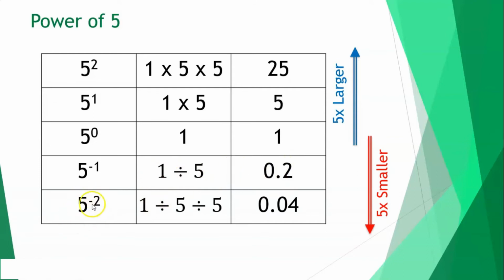Then 5 to the negative 2, that's 1 over 5 squared, or that's 0.04. Now take note, as the exponent increases, the value of 5 also increases. But as the exponent decreases, the value of 5 also decreases. So take note of this.